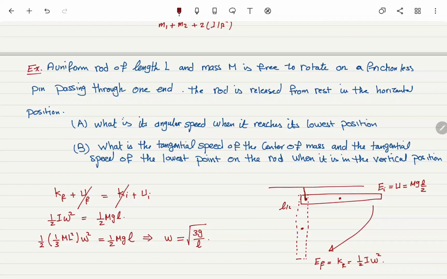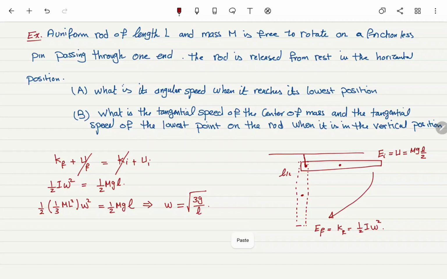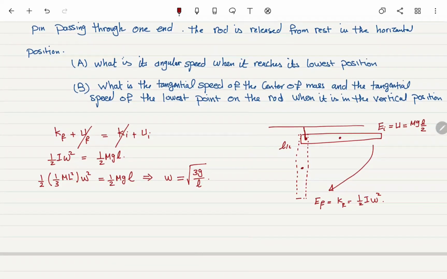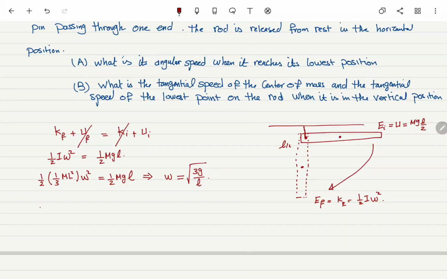Now to find the tangential speed of the center of mass and the tangential speed of the lowest point on the rod when it's in the vertical position, let's find first the V center of mass. In this case, it's equal to R omega, where R is the distance between pivot and the center of mass. It's L over 2.